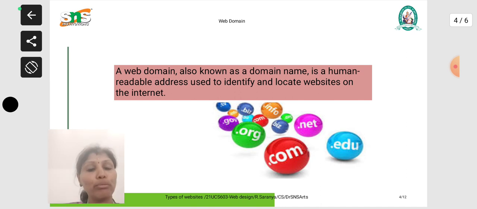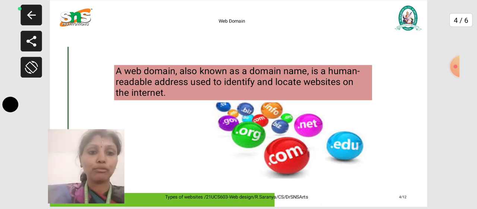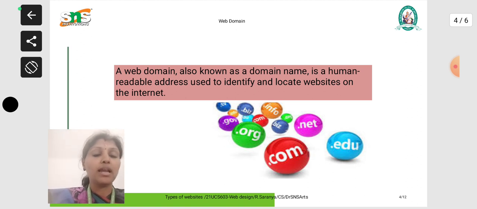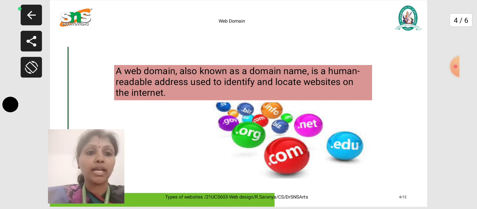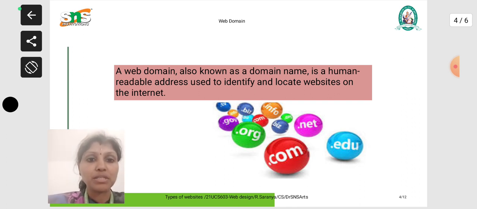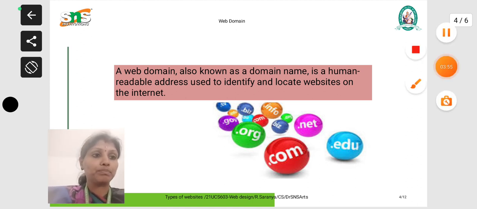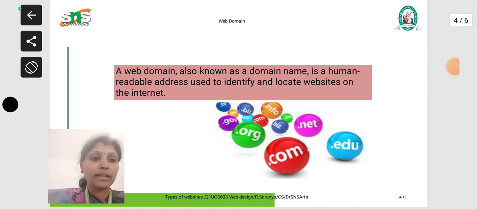So the domain name is also one of the crucial parts of web design. We have n number of domains based on the type of our websites. Organization websites means we focus on .org. Commercial websites means we focus on .com, and educational websites means we choose the domain .edu. Networking oriented or informational news oriented websites means we choose .info.